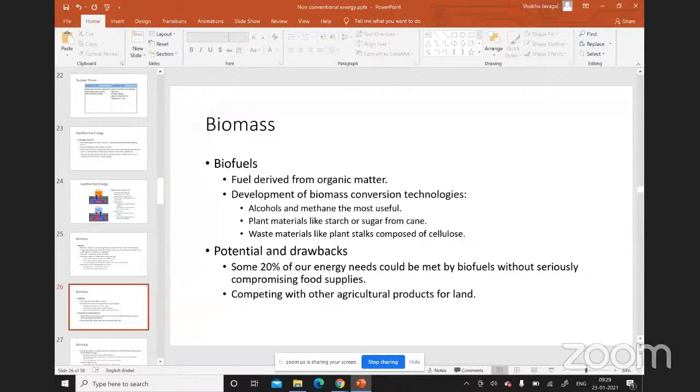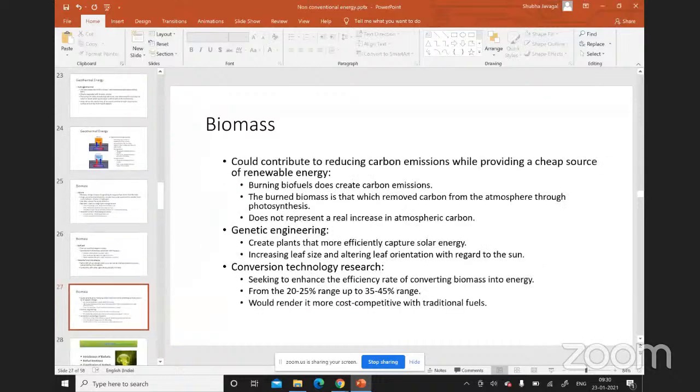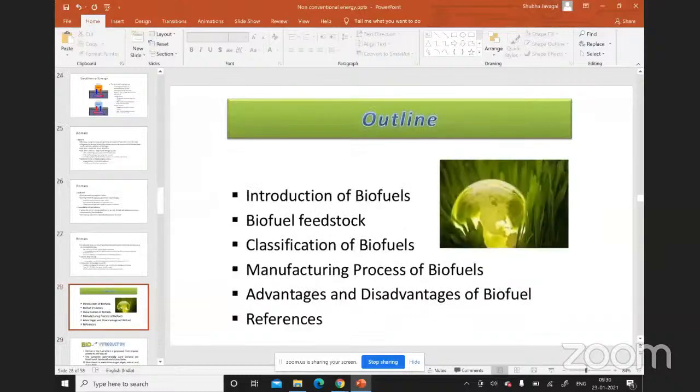So that is one of the major challenges here, maintaining the balance between the food demand and the energy demand. There are more details about it. You could go through this later.